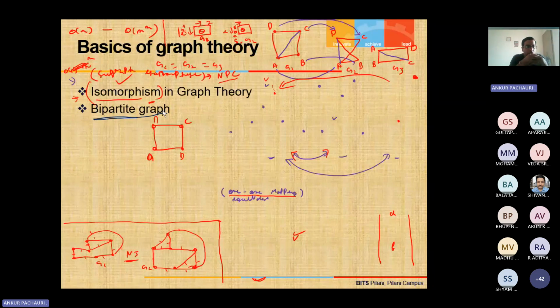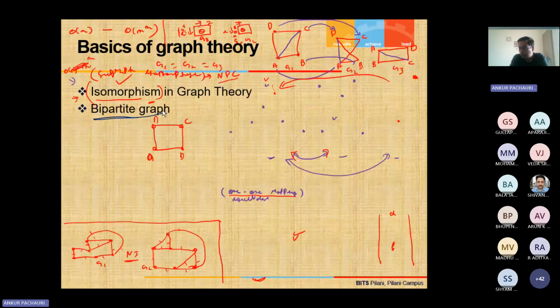Two partitions. So a graph is said to be bipartite if all the nodes of the graph can be divided into two different sets, such that both the sets are mutually exclusive and collectively exhaustive.